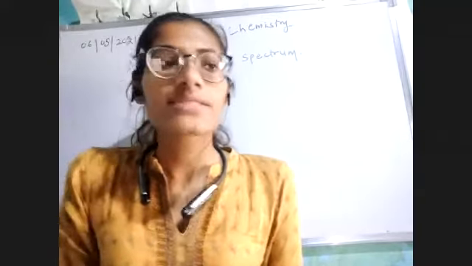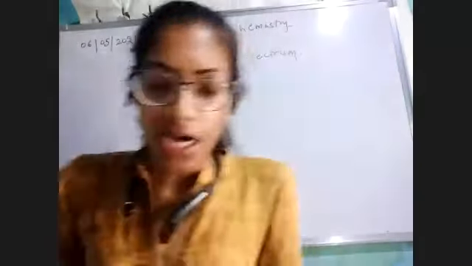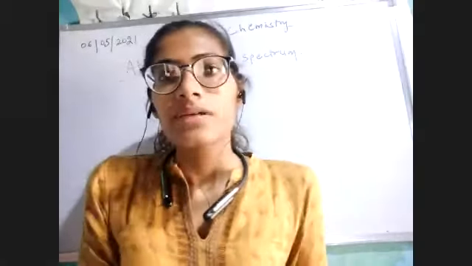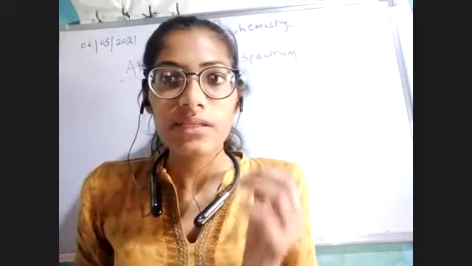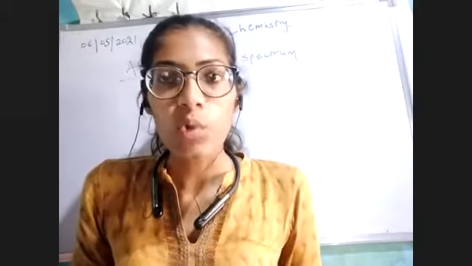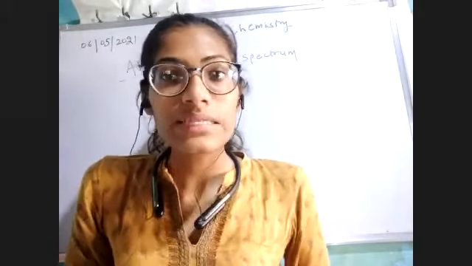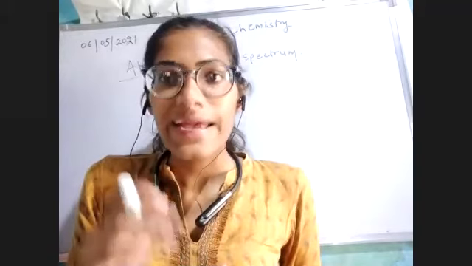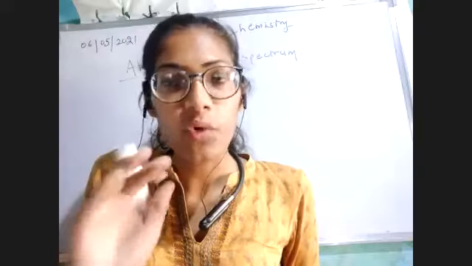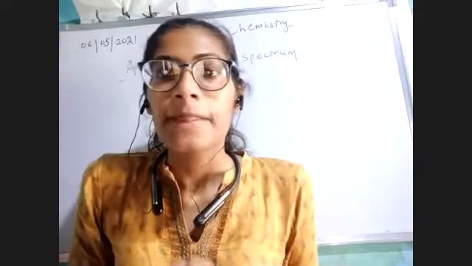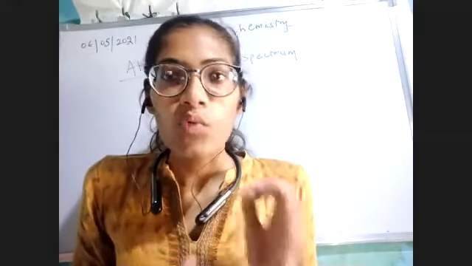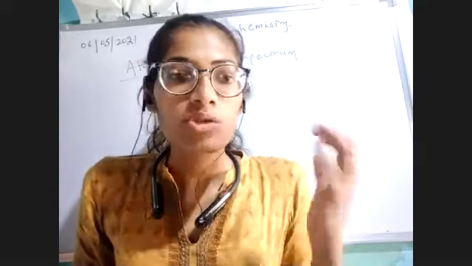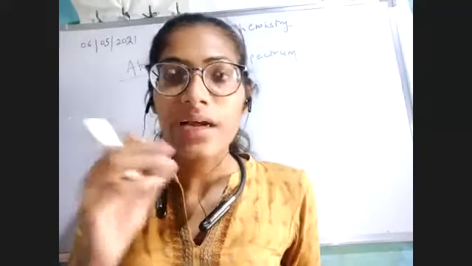Let's start with a very basic concept. See class, this is a very basic law of the universe: nothing can stay in a very high excited state for a long time. So what happens whenever we throw light on any kind of atom?